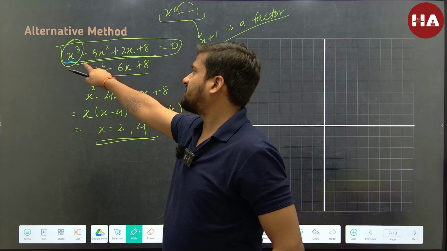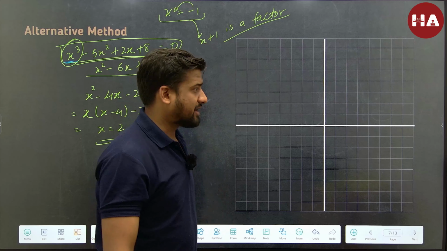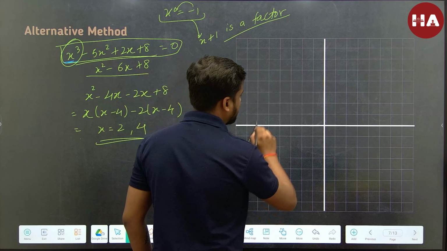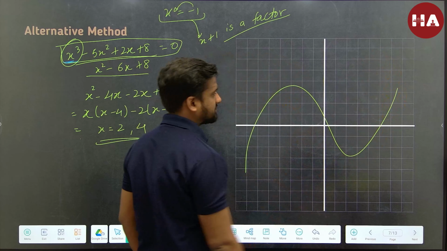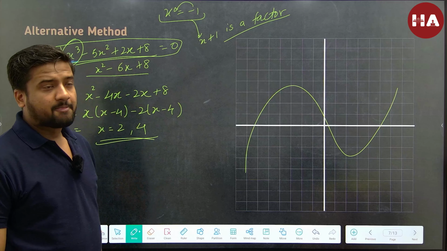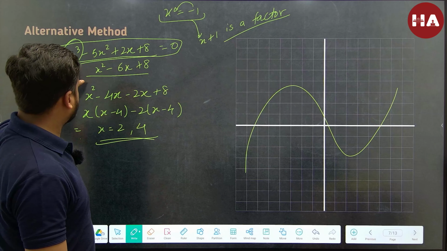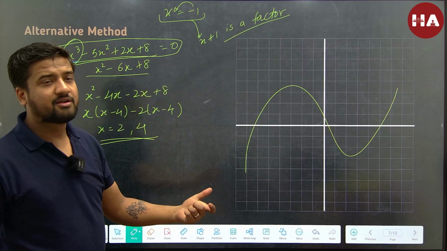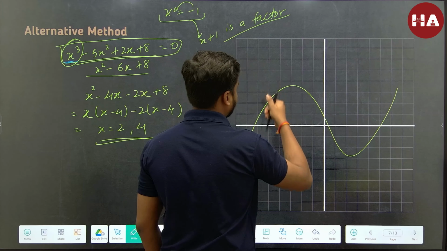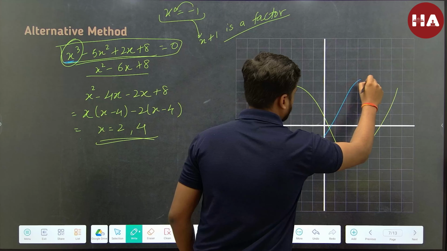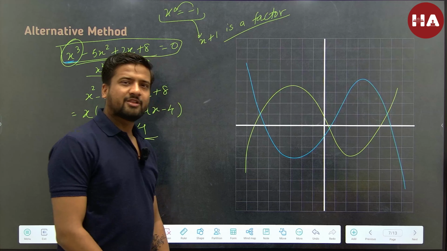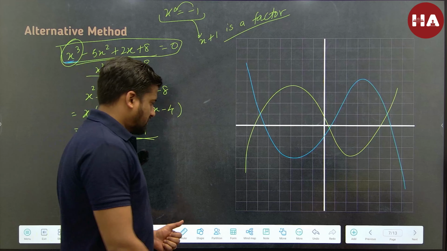If the coefficient of x cube is positive, then we have a graph something like this, all right. And if the coefficient of x cube is negative, then we have a graph something like this, all right.